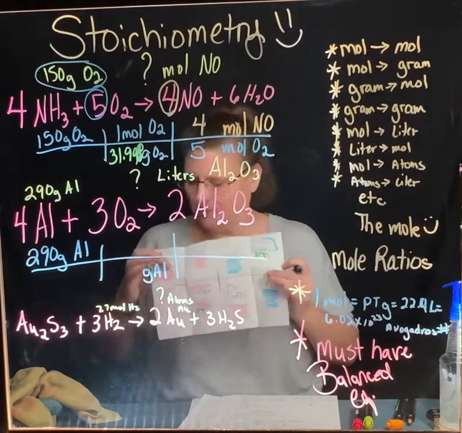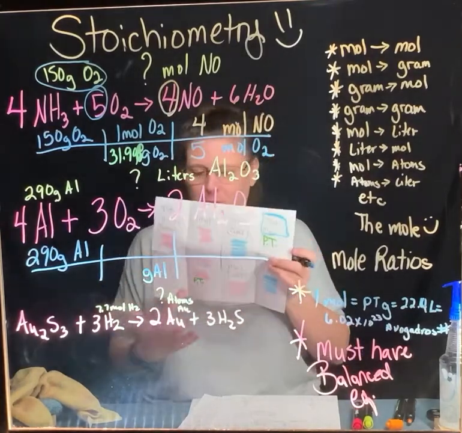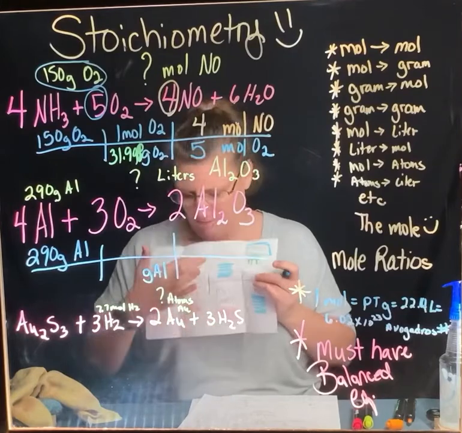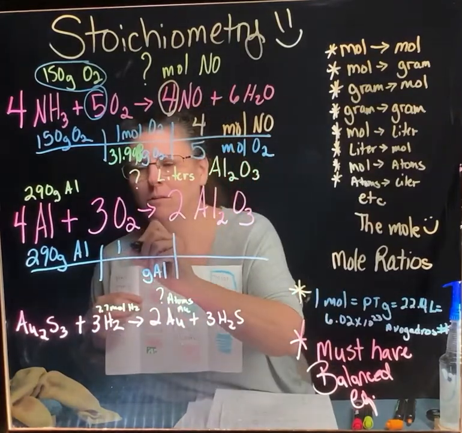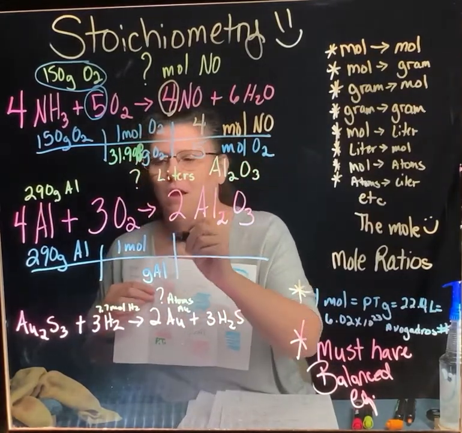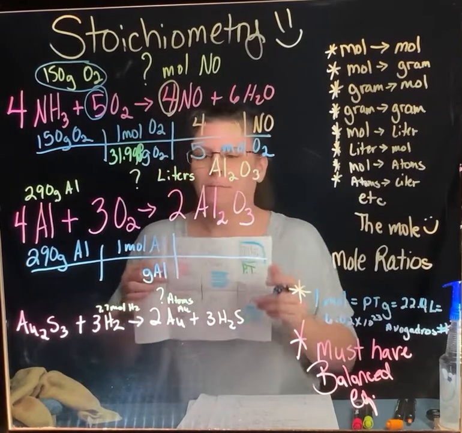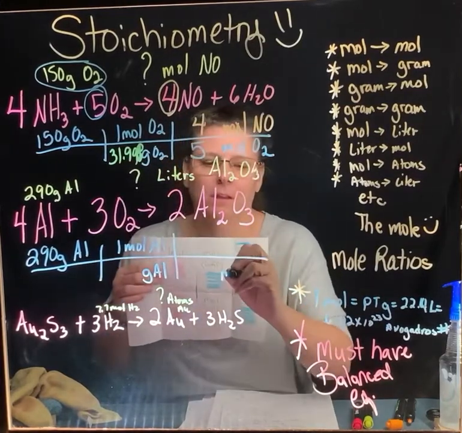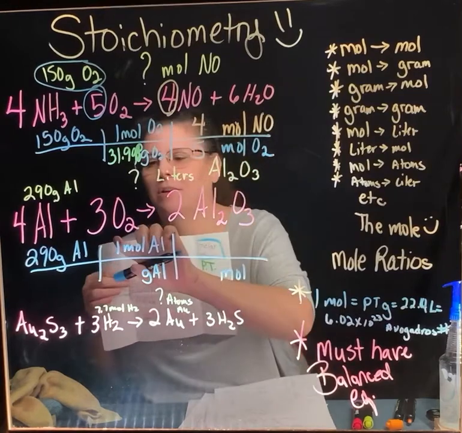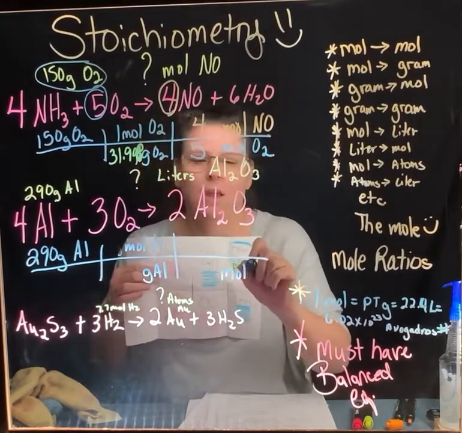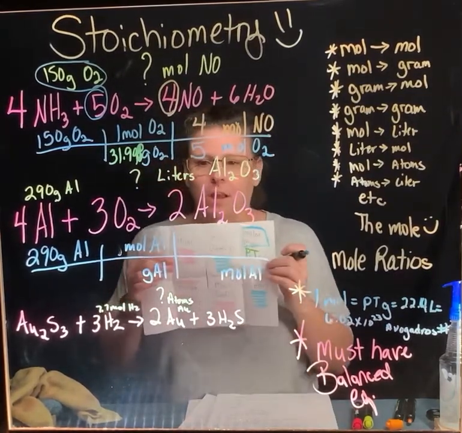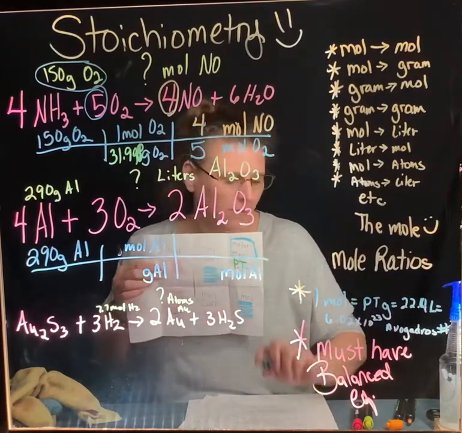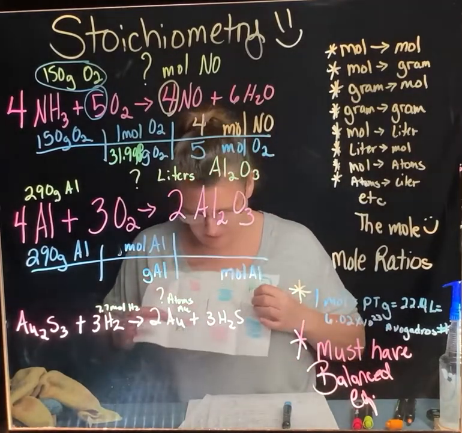But here we are. We did our given. We've got our grams down here. What goes on top of it? 1 mole of Al. Okay. What's on the top goes on the bottom. And I forgot I shouldn't have put the 1 there yet. Al. And then we have what's above that one?